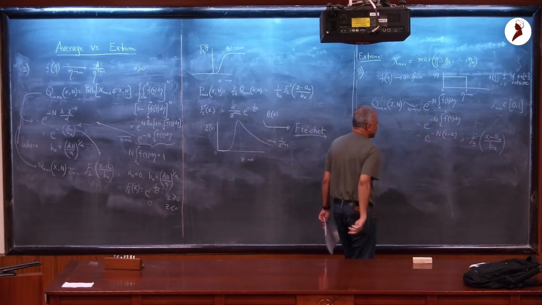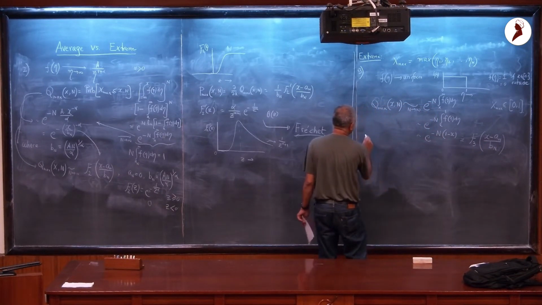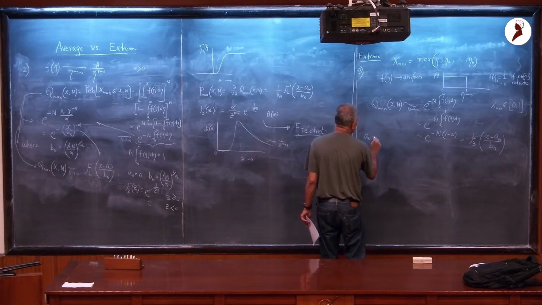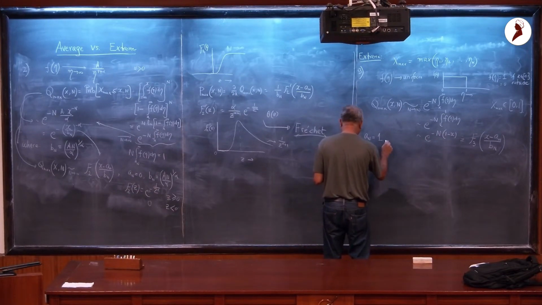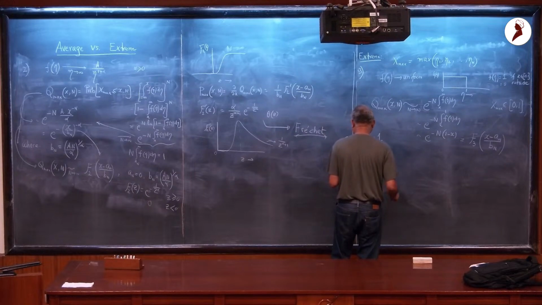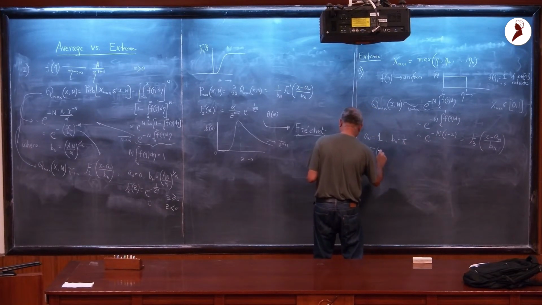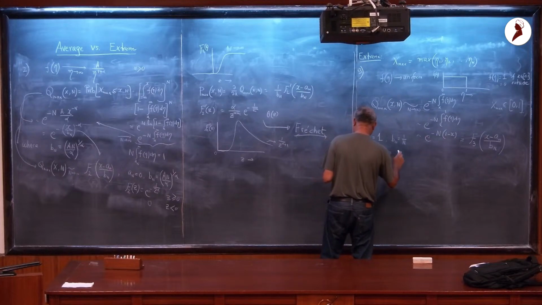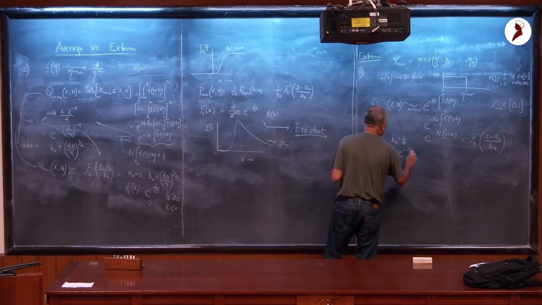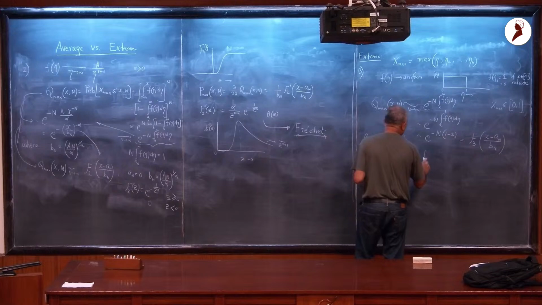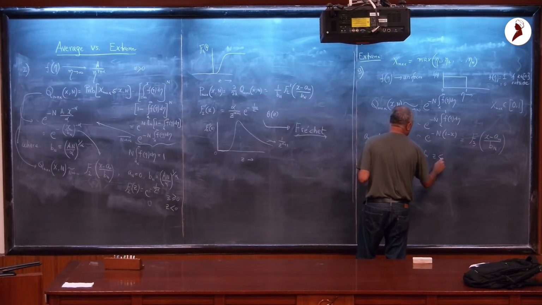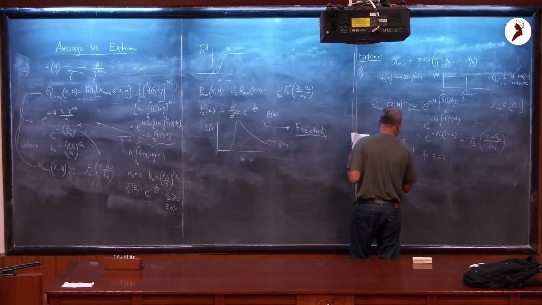So clearly from this example, what you see is that an is just 1 and bn is 1 over n, and the scaling function f3 of z is e to the power minus mod z for z negative, and 1 if z is positive.